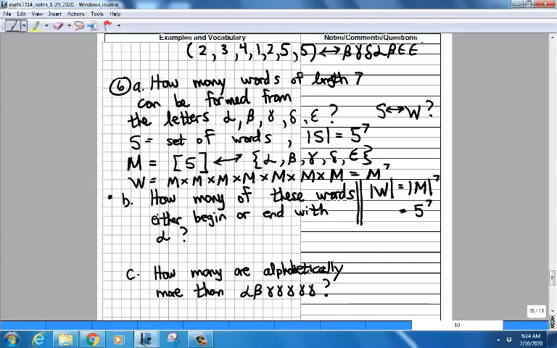I labeled them M prime and M double prime. Okay, so M prime and M double prime. Can you explain what those are? It may be a verbal explanation, that's fine. The M prime is when alpha's at the front. Oh, so this is words that begin with alpha?